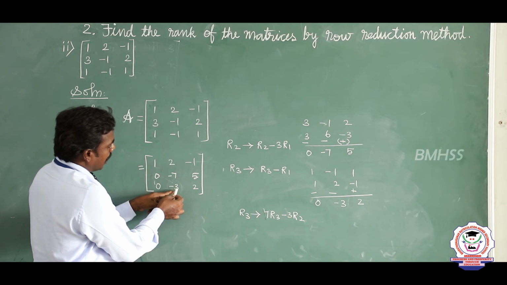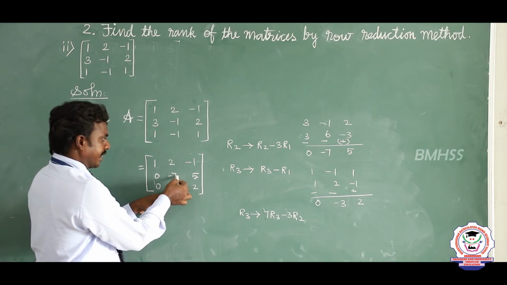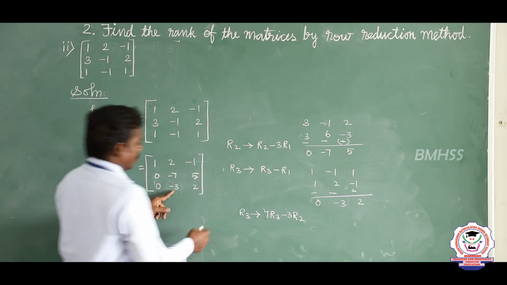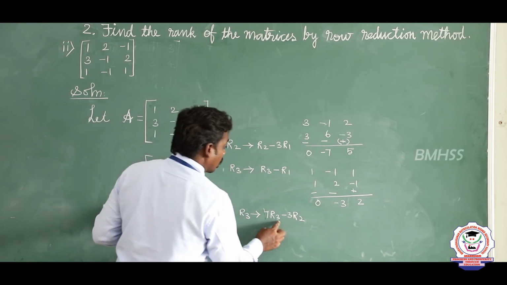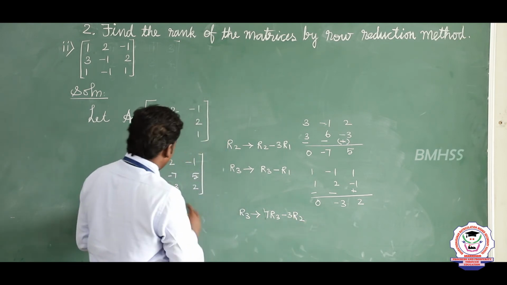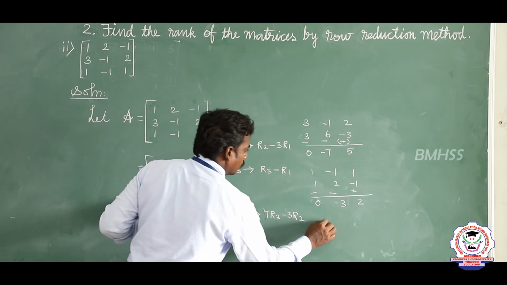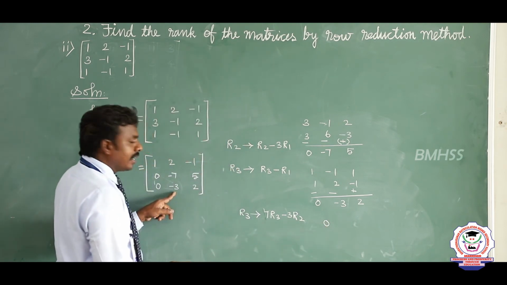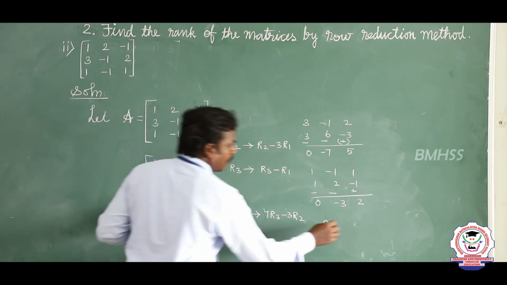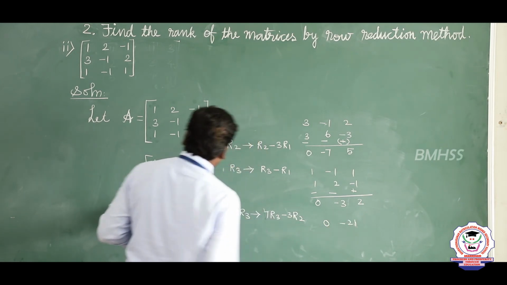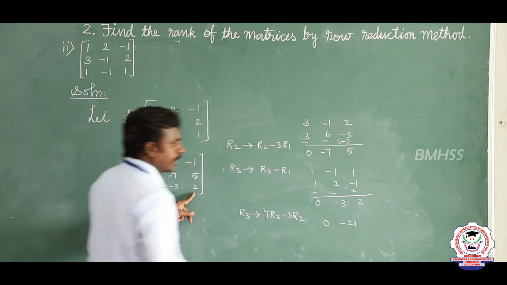So that is why I multiply the third row by 7 and the second row by 3. Every third row element is multiplied by 7: the first element is 0, minus 3 into 7 is minus 21, and 7 2s are 14, plus 14.